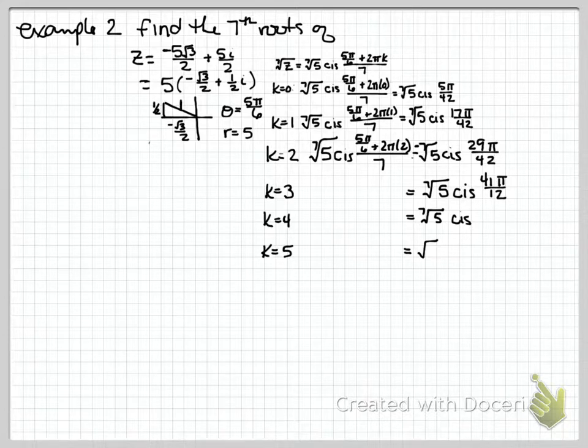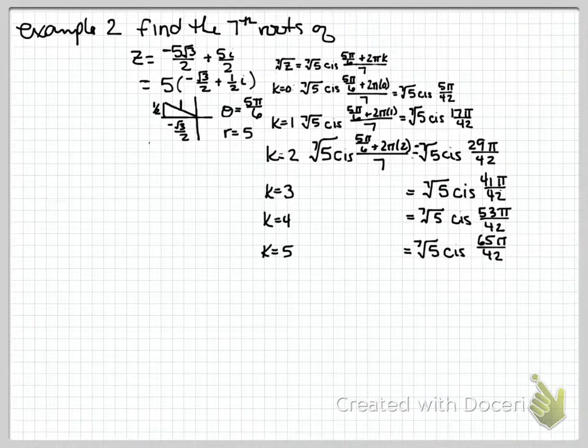Oh, I'm having a bad day. Okay, let's try this again, over 42, add 12 again, 41 plus 12, 53 pi over 42, let me slow down, 7th root of 5, CIS, add 12 again, I get 65 pi over 42.